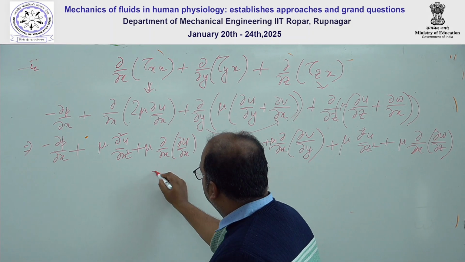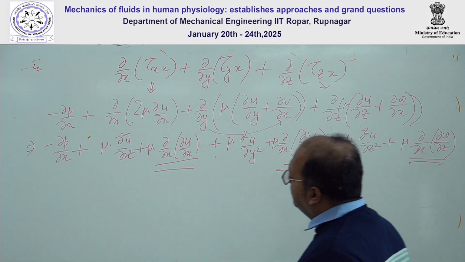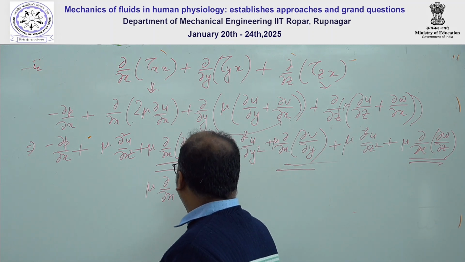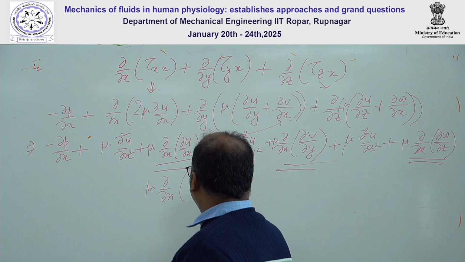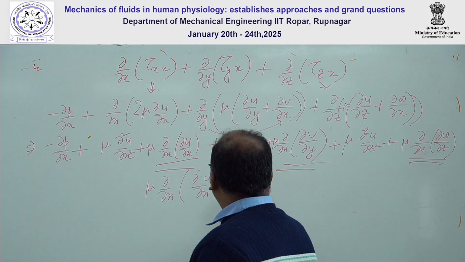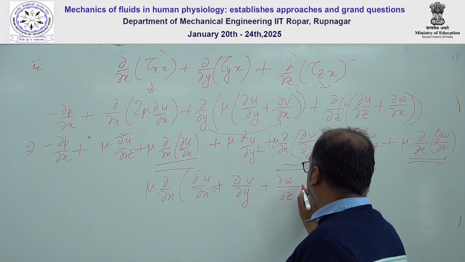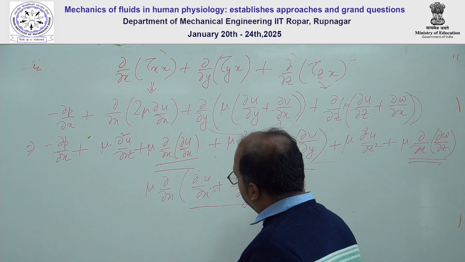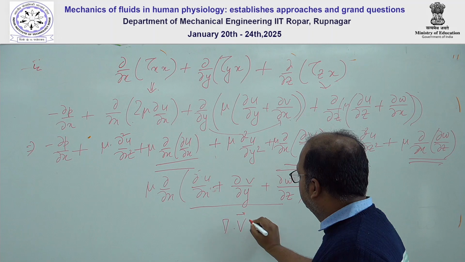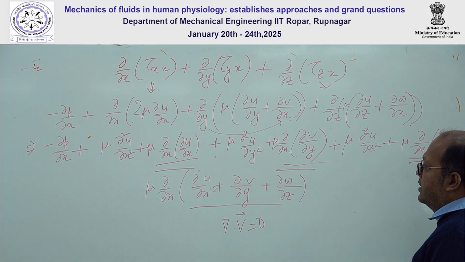Now if you look at these components in an incompressible flow, we take the del x, we can write del 2u del x, del u del x plus del v del y plus del w del z. This term is nothing but the divergence of the velocity field, which is equal to 0 for the incompressible condition.